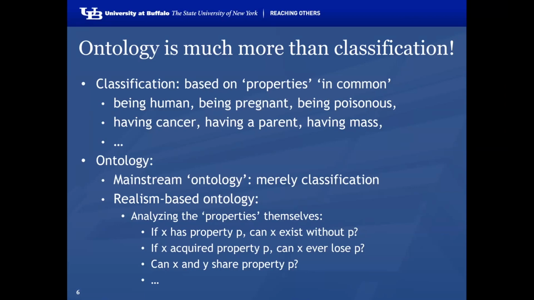So that fact, whether properties that you can gain and lose, in contrast to properties that you cannot gain and lose once you have them, those are already important differences, and that will be used in the way that realism-based ontologies are built. Or another one, can X and Y share, for instance, property P?